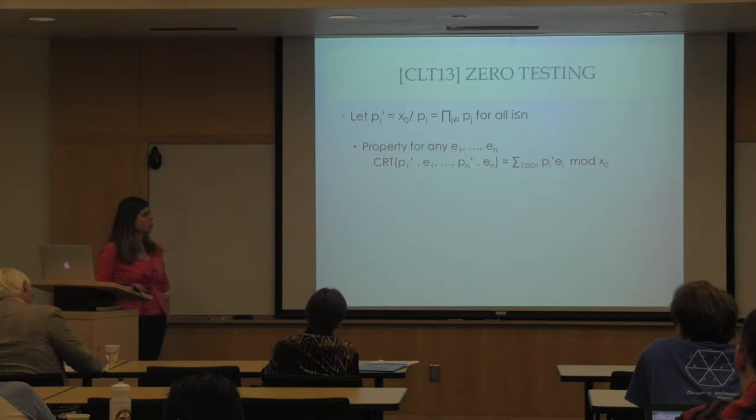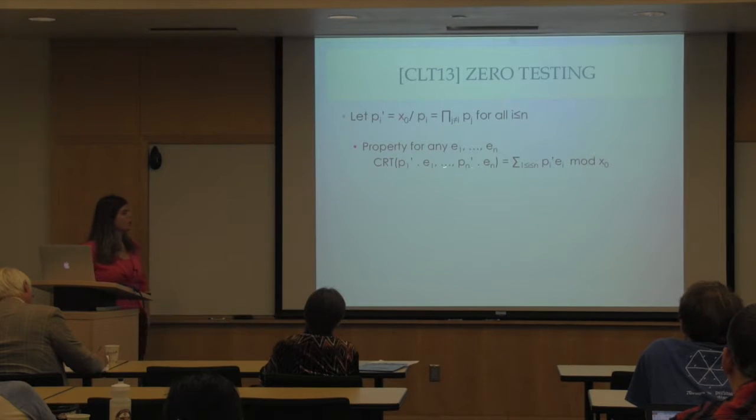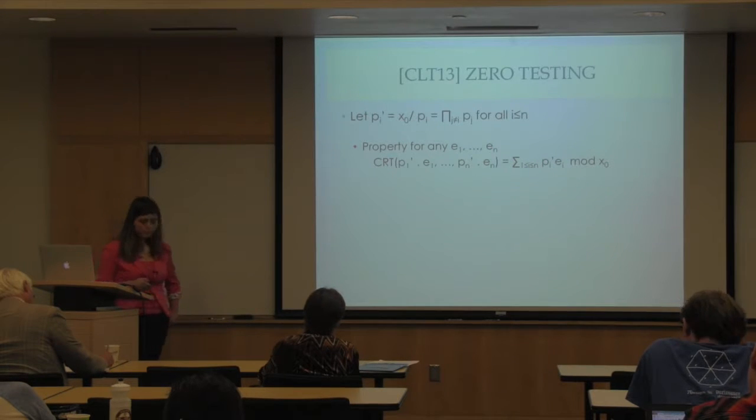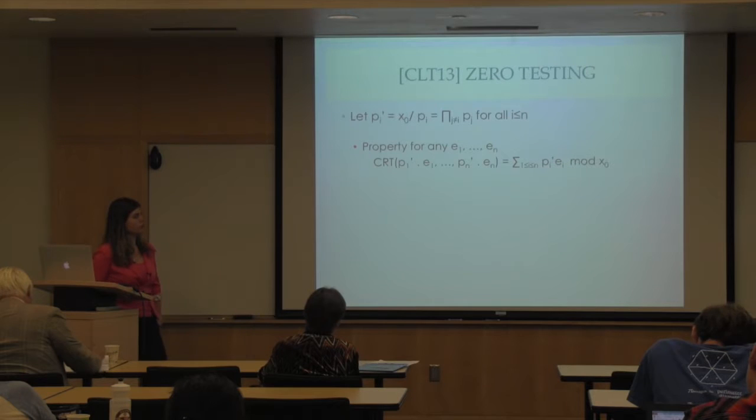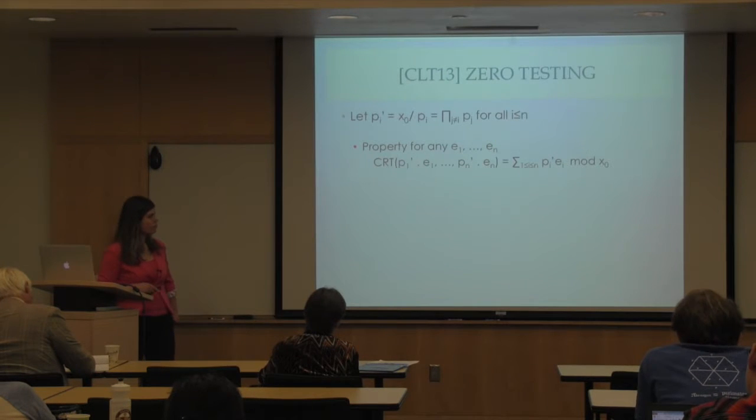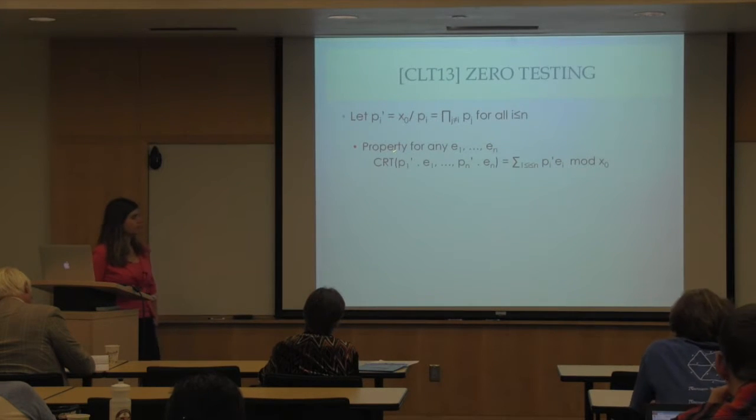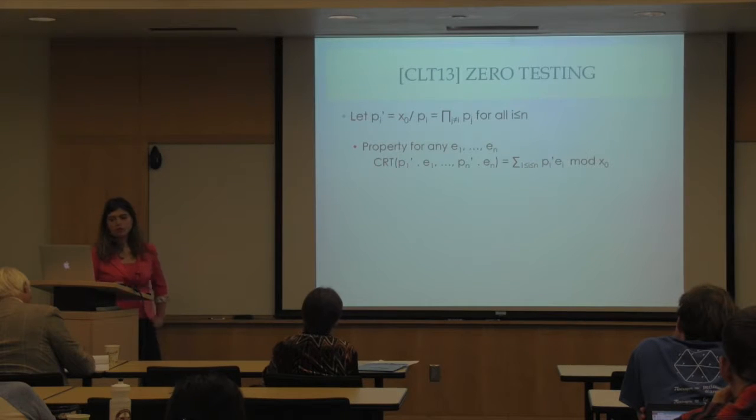And this holds because each small p sub i divides all of the values here except one. This property will be used in the zero test.